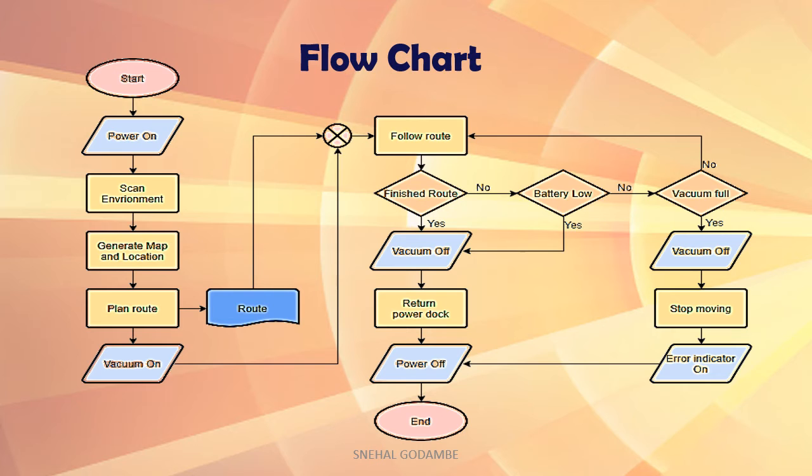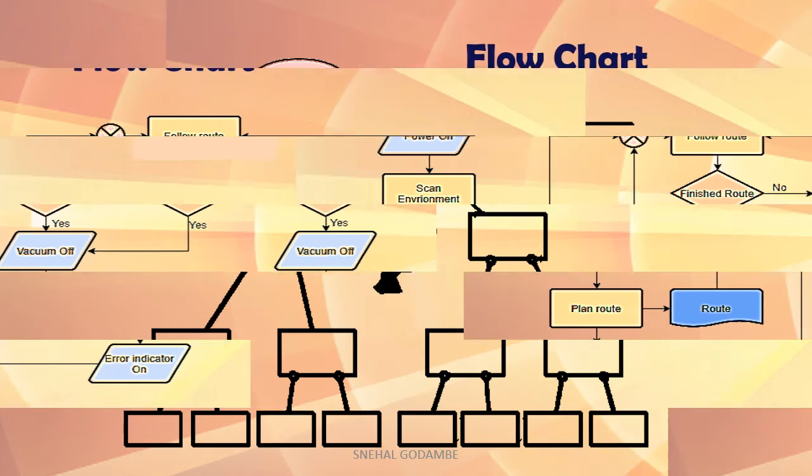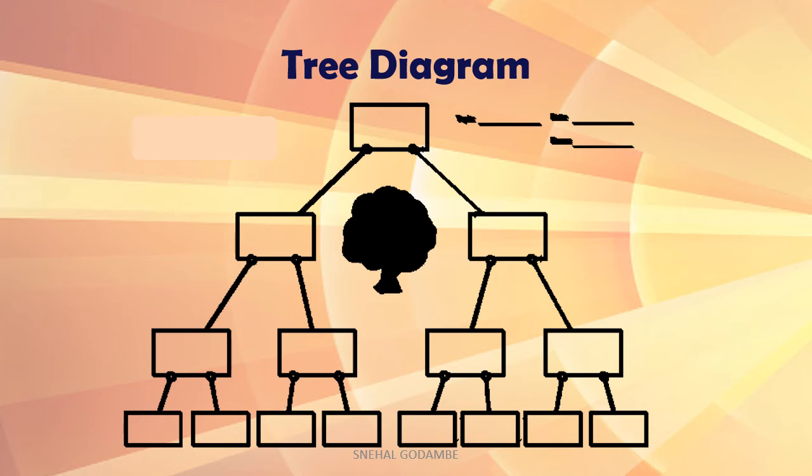Then we have seen tree diagram. This is very familiar to you. Okay, tree diagram, you must have used it. So in this way, these are some different types of non-verbal communication styles or forms, you can say.